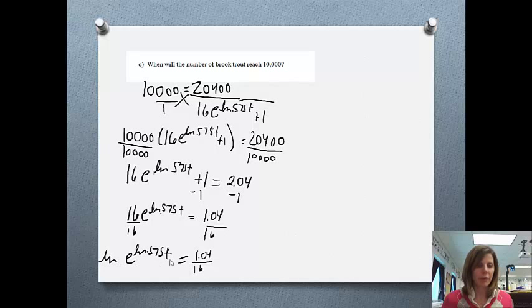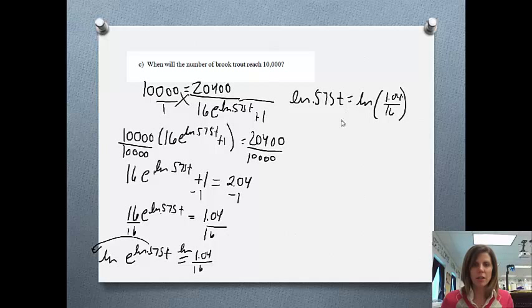Then we take the natural log of both sides and bump the exponent out front. I have the natural log of 0.575 times t is equal to the natural log of 1.04 over 16. To solve for t, we divide both sides by the natural log of 0.575, and we should get t is equal to 4.939 years.